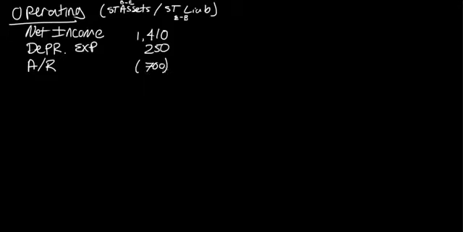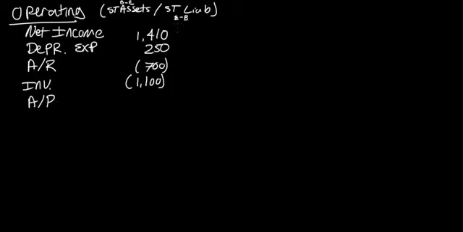I'm then going to look at inventory, which is another short-term asset, and that's 1,800 minus 2,900, and that's a negative 1,100. The next is fixed assets, which is a long-term asset, which we're not going to worry about here. So I'm going to jump down to my liability side. I'm going to look at accounts payable.